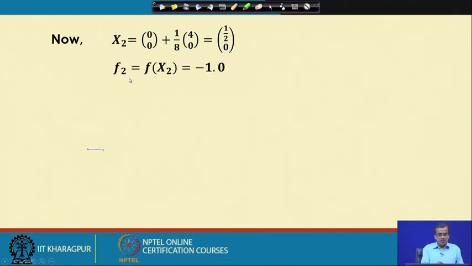Now, f2 is f of capital X2, and if I substitute the values of small x1 and small x2, I will be getting the function value, minus 1.0. Now, we try to find out the gradient of the function at capital X2.